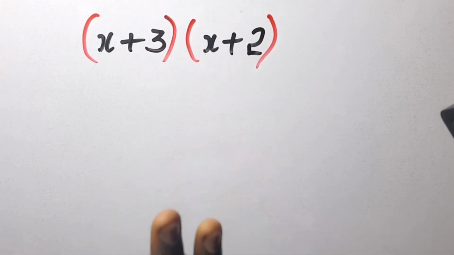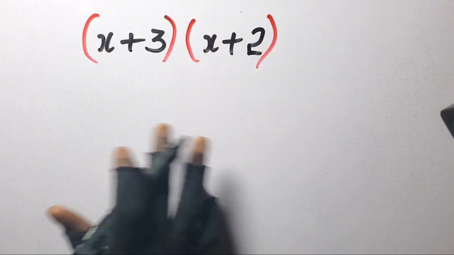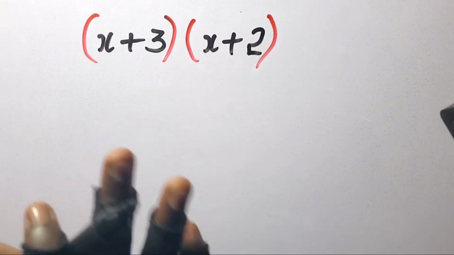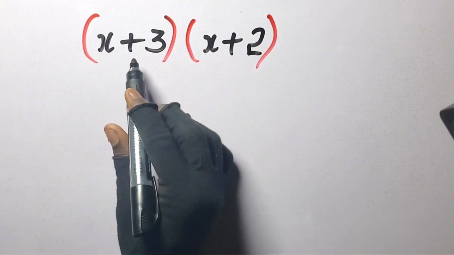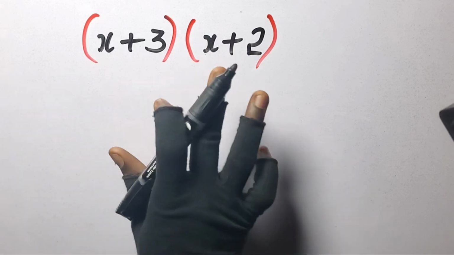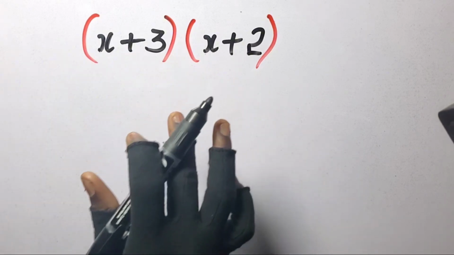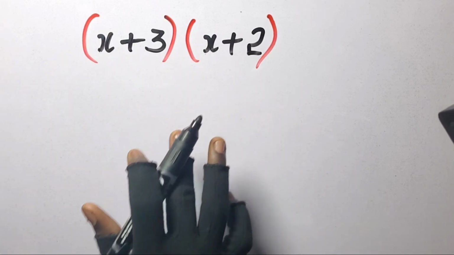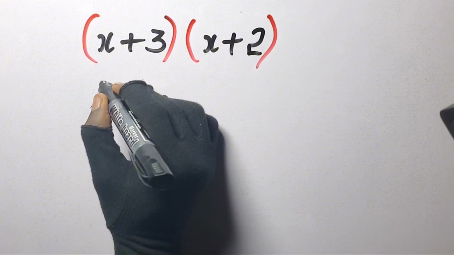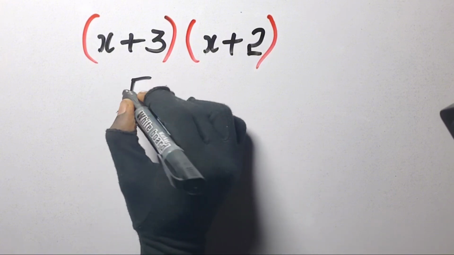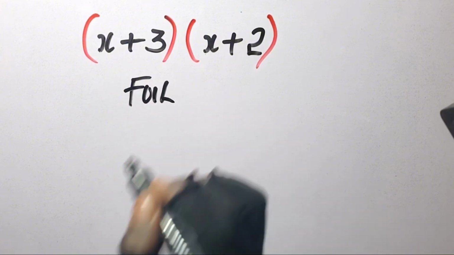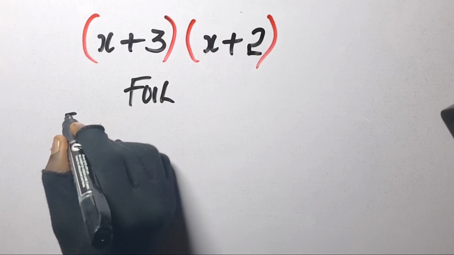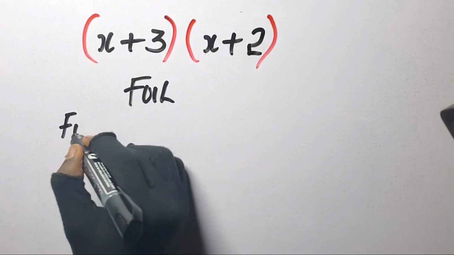Now we have 2 parties. Everything inside the first bracket or parentheses multiply with everything inside the second bracket. Now we have this 4. Okay? F, that is first.